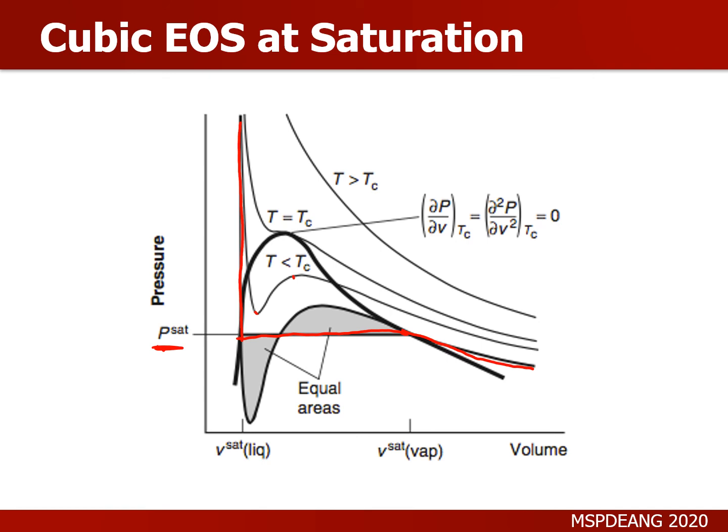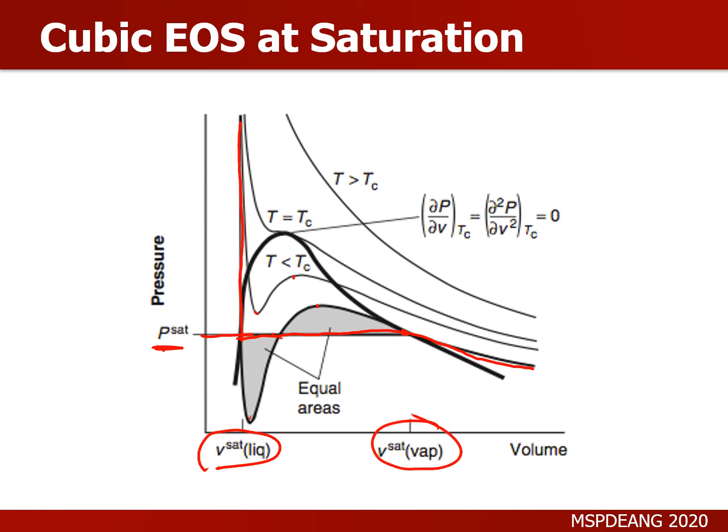But now, the cubic EOS predicts this local minima and local maxima. And the intersection of this isobar with these 3 points will give you the roots of your cubic EOS. And what we solve with the two iterative techniques is the saturated liquid volume and the saturated vapor volume.